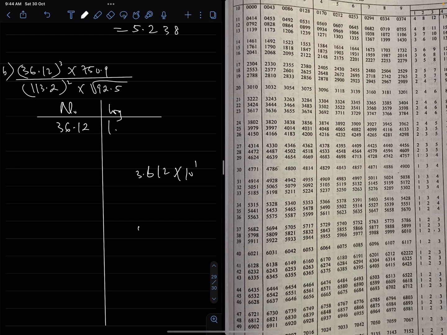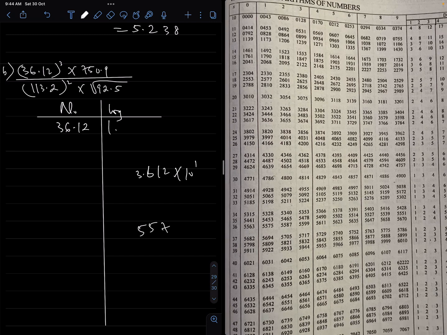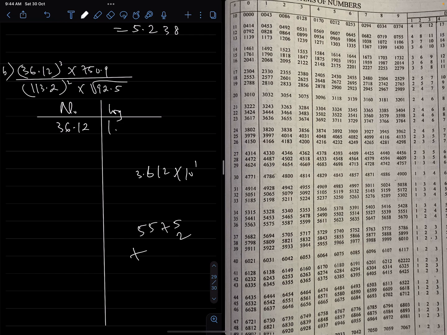So we are doing 5575 plus the difference. Do you understand? 36 under 1 is 5575, difference 2 is also 2.